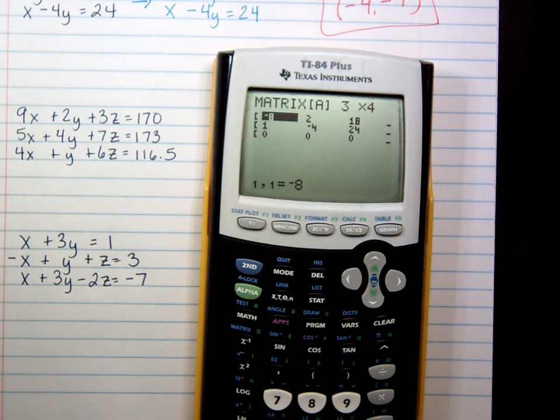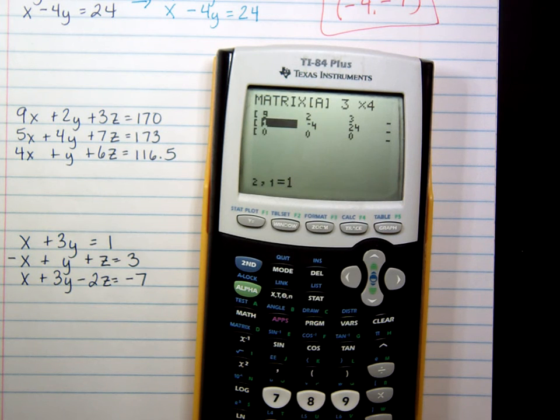So I do have to change my dimensions for this one because it's a 3 by 4 matrix. So plug in the numbers 9, 2, 3, and 170 for the top one, 5, 4, 7, and 173 for the second row, and then 4, 1, 6, and 116.5 for the last.